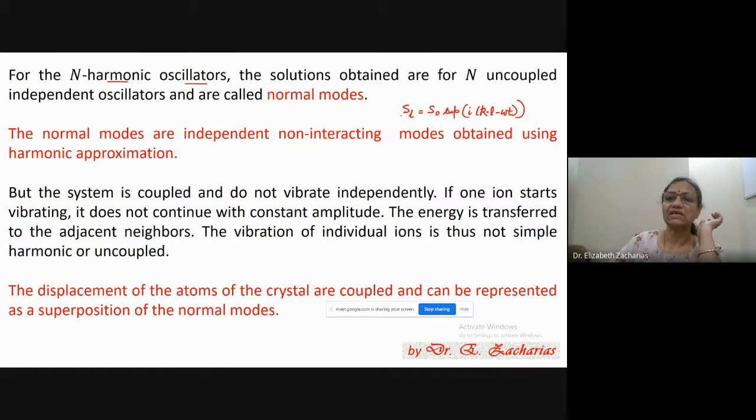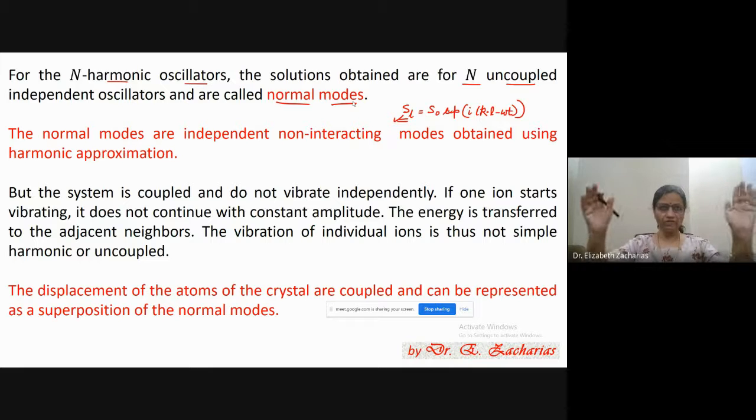And the omega k equation that you got did not involve L. So you can simply say that you will get n uncoupled independent equations. Each of these solutions is called a normal mode of vibration.